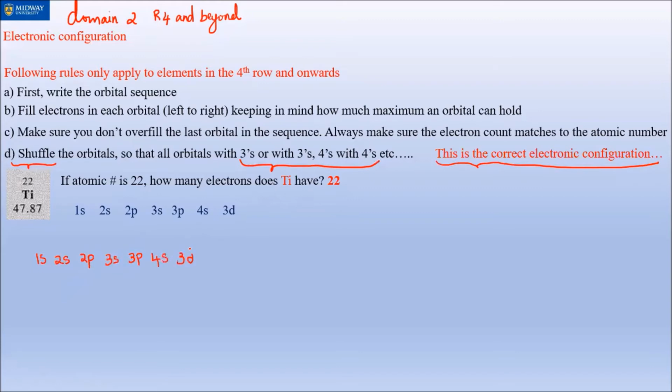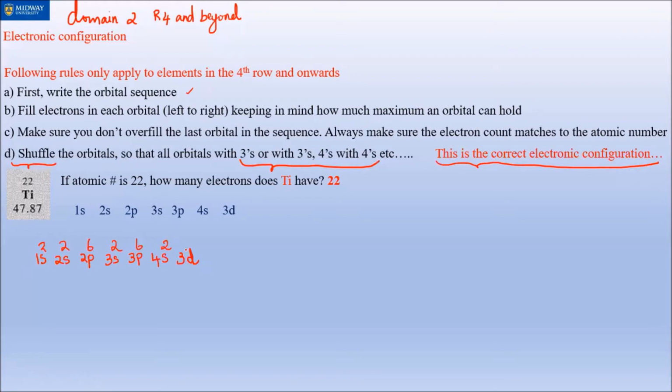You have to follow the sequence just like the rule says, and start filling electrons up until the last one. Just leave it blank and then count and subtract and fill that one out just like we did earlier. S can hold 2, S can hold 2, P can hold 6, S can hold 2, P can hold 6, S can hold 2.